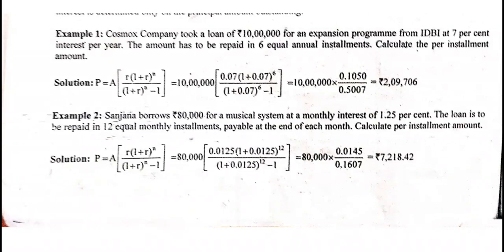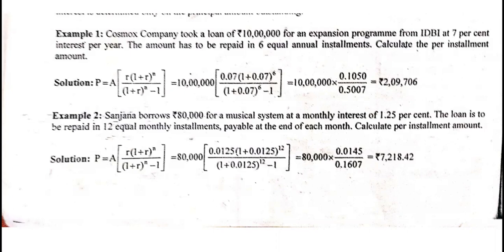So the formula is P equal to A into bracket r into bracket 1 plus r raised to n, divided by bracket 1 plus r raised to n minus 1, and whole bracket complete.